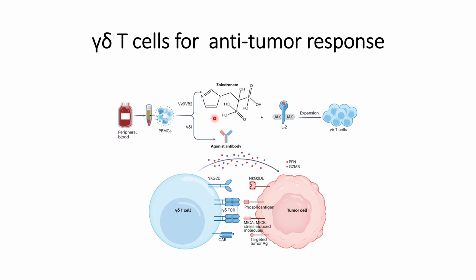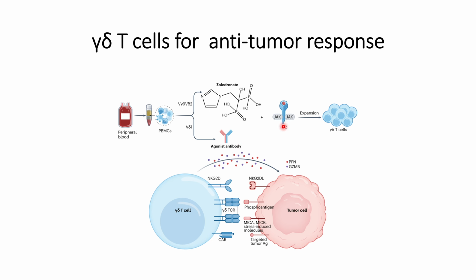They use an agonist antibody and ex-vivo culture of these PBMCs with the agonist antibody against delta T1, which will form the gamma delta T cells, but the agonist antibody alone will not serve the purpose.